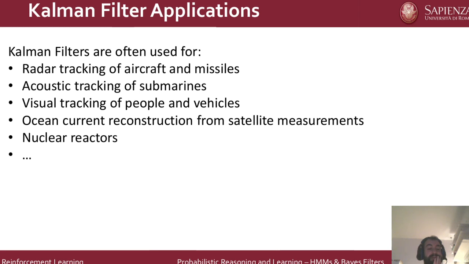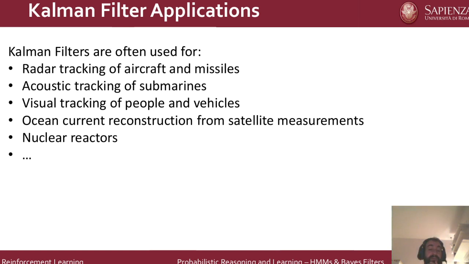These Kalman filters are actually used a lot for radar tracking, for acoustic tracking, for visual tracking, and even for GPSs. So you can really say that this is something that is used every day in your normal life.